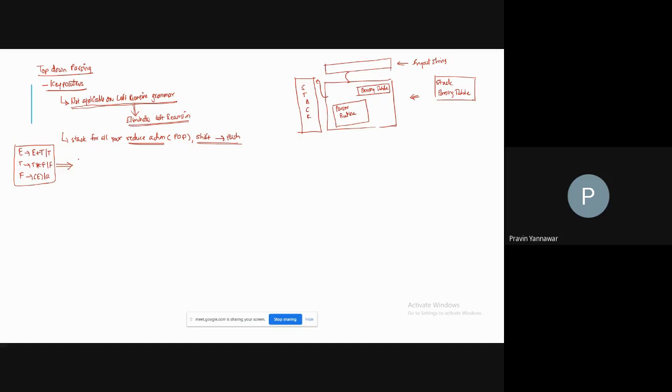If there exists a left recursion, then what do you need to do? Does this contain a left recursion? Yes. So let me put this left recursion concept to you also.